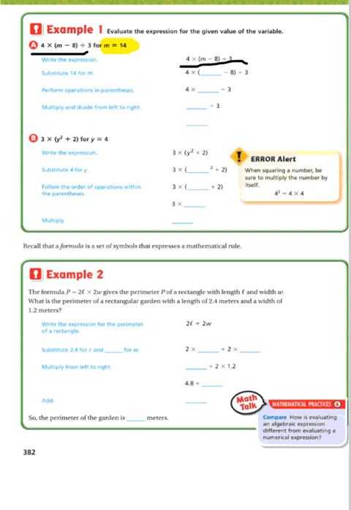Substitute 14 for m: take m out and put 14 in its place. Perform operations in parentheses. The only thing in the parentheses is 14 minus 8, which is 6. So now we can get rid of all of that information inside the parentheses and replace it with 6.